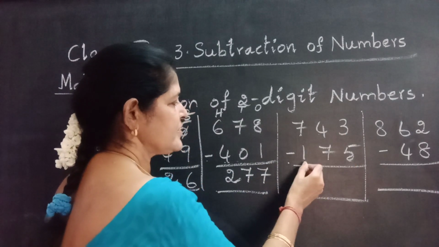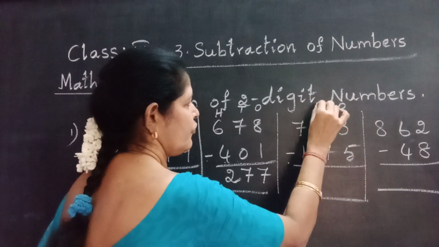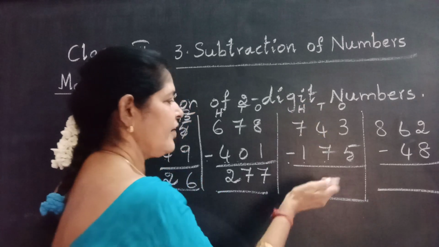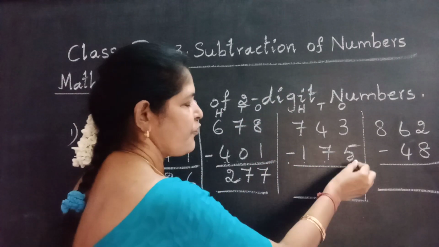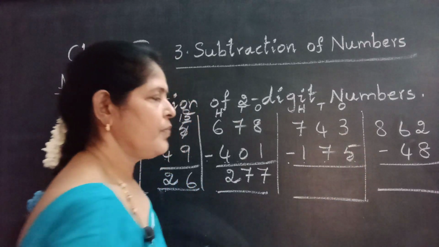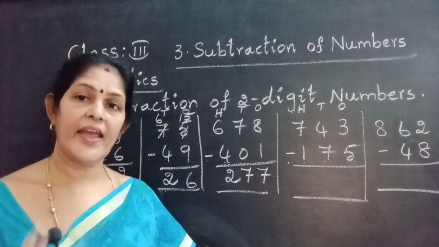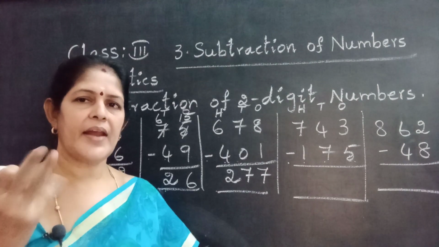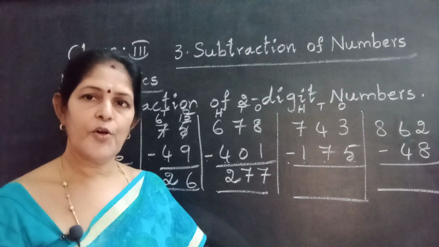743 minus 175. Here also start from ones place. We take away 3-digit number from 3-digit number. 3 minus 5. It is not possible. Why? 3 is less than 5. 3 is smaller than 5. Subtraction is not possible. Then with regrouping.